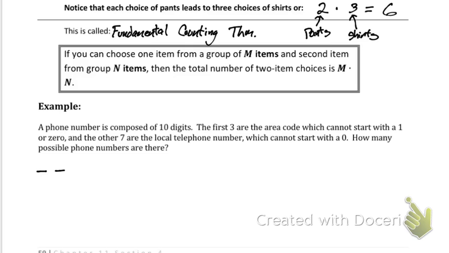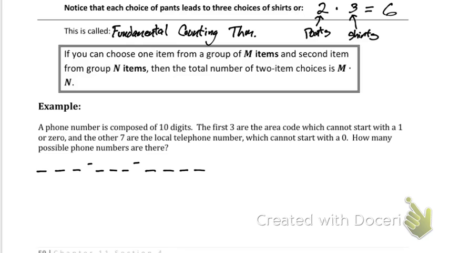So we'll do 1, 2, 3, dash, 4, 5, 6, dash, 7, 8, 9, 10. All right. That is our phone number. It is like 414, whatever, 813, 6221.